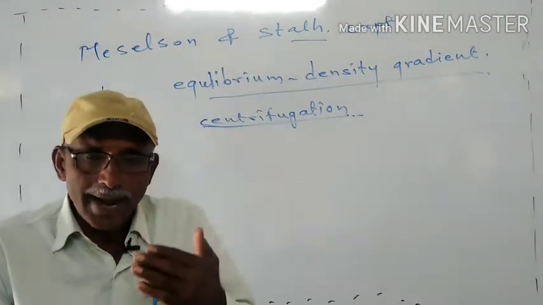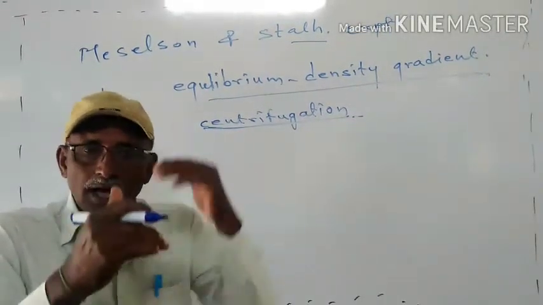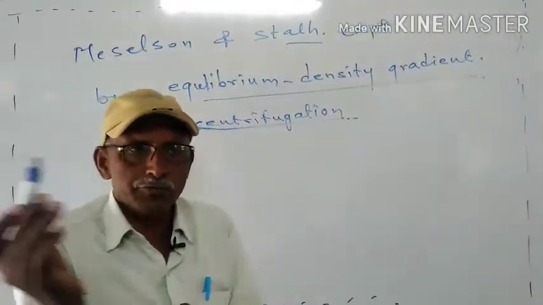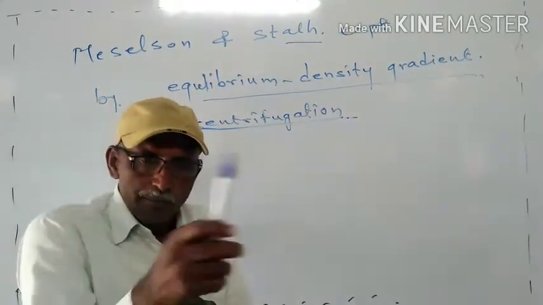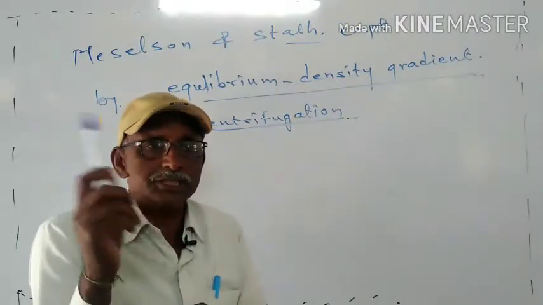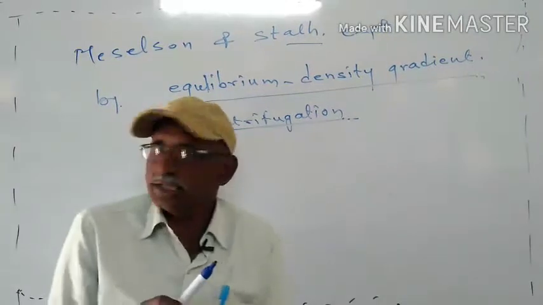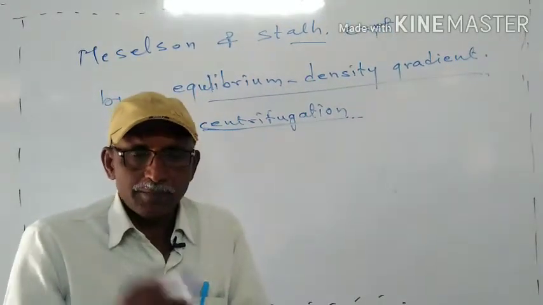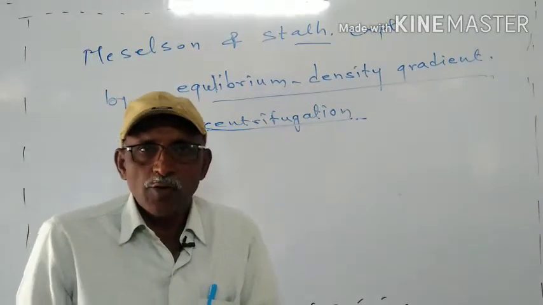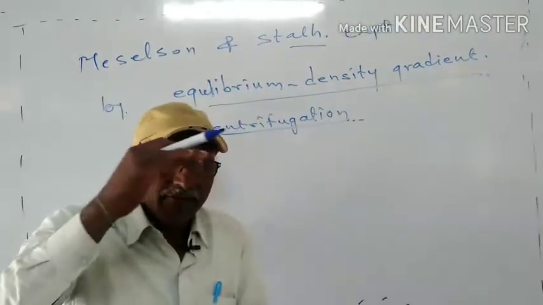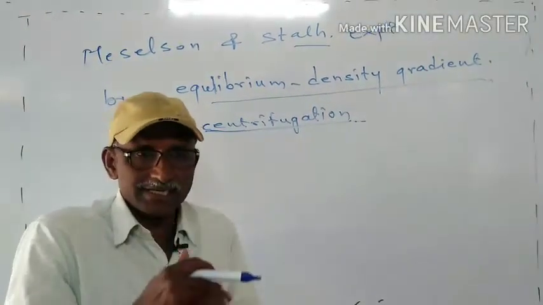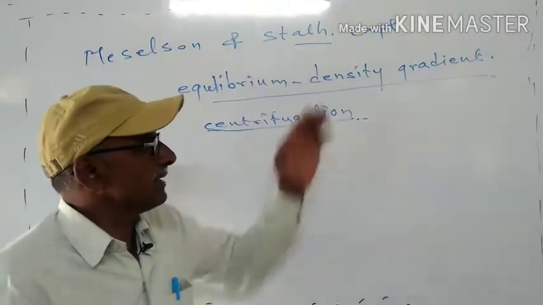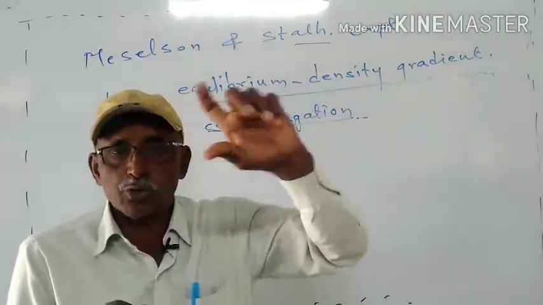Heavy particles settle down at the base, lighter particles at a higher level in the test tube or container. The centrifuge is a machine in which the mixture is spun, and by the spinning all the particles in the solution get separated, and according to their density the particles form a band. The level at which the same particles settle forms a band, and that is called the density gradient of the particles present in that solution.